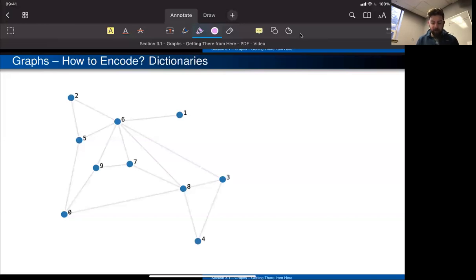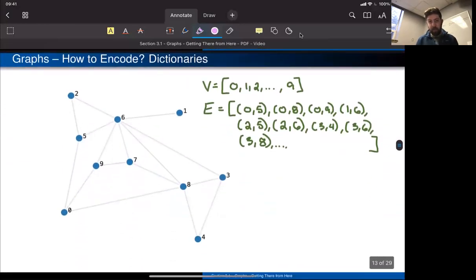One of the first easiest ways, which is maybe not the best in terms of actual implementation, is simply to record all of the possible vertices in a big old list. So that's going to be a list V for vertices, which are simply those numbers 0 through 9. So the length of V is obviously going to be 10, which keeps track of how many vertices or nodes this particular graph has.